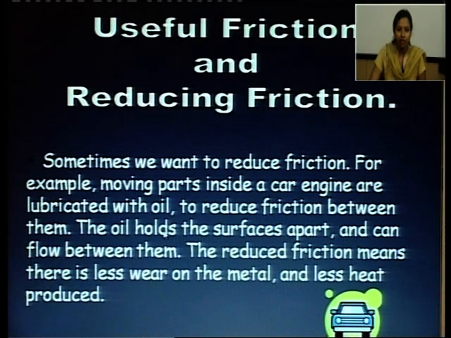The oil holds the surfaces apart and can flow between them. The reduced friction means there is less wear on the metal and less heat is produced. So the energy is less dissipated in this case, and hence less energy is dissipated in this manner.